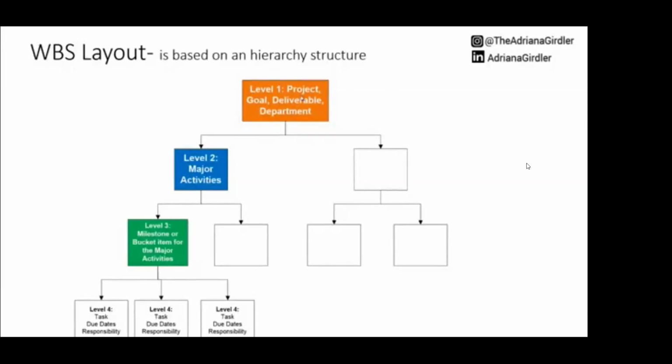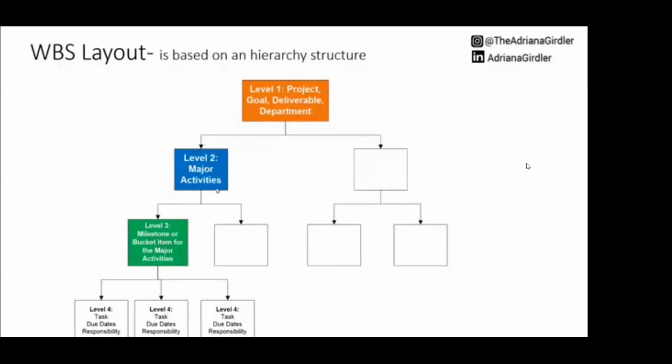Now, you would break it down just like an org chart. You have your president, and then you have your VPs or your directors, and it's the same thing here. Your level 2 would be major activities. So whatever that deliverable may be or department activity, you would break out the major activities. I like to call them the really large buckets. And then you go down to level 3.